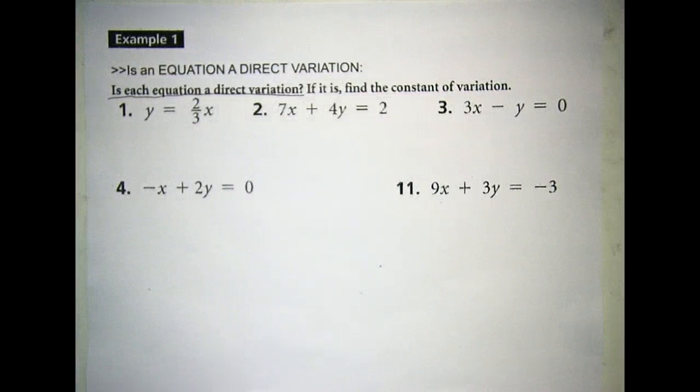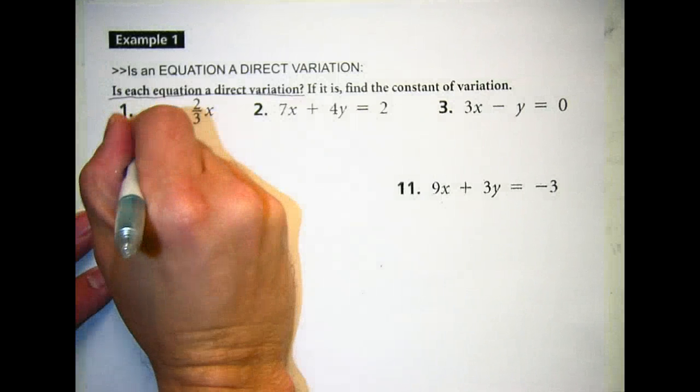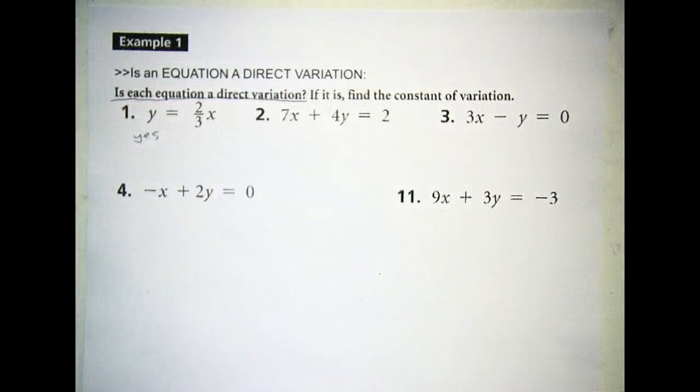I'm going to pause you. We're going to go straight to the most votes here, okay? So majority wins. Number 1, who says yes, direct variation? Who says no? You got to vote. Yes? Okay. Why is it yes? That is true. Why is it yes? Katie?